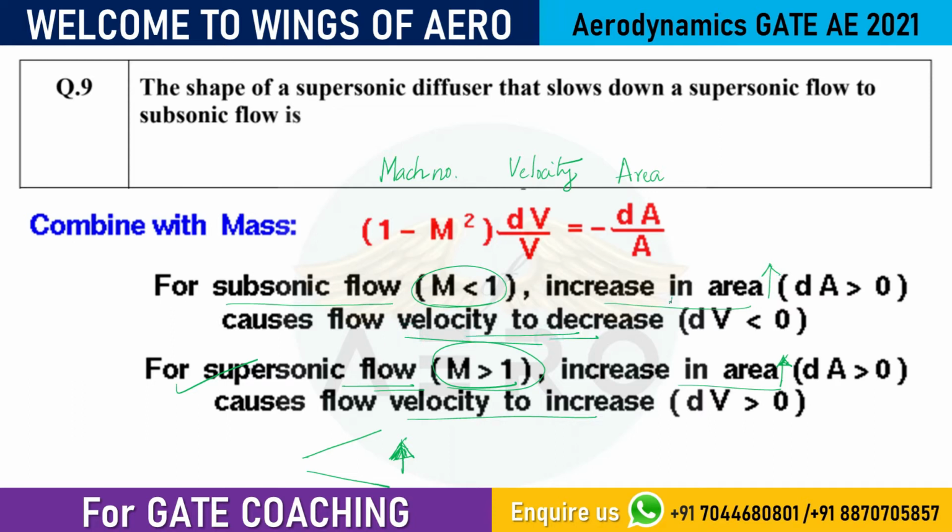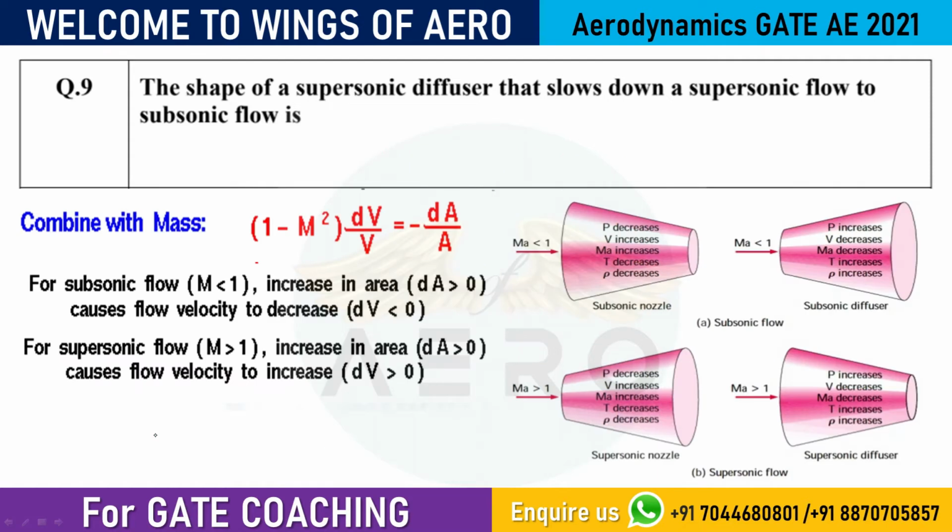Now, using this concept, we can reach a conclusion about the shape of a supersonic diffuser that slows down the flow. Initially, from supersonic, it is slowing down, that is, the Mach number is coming down. How can we decrease the velocity of a supersonic flow in a diffuser?